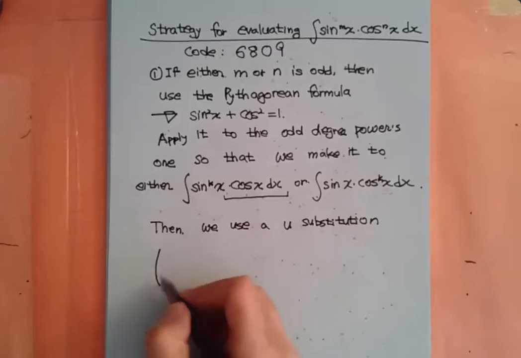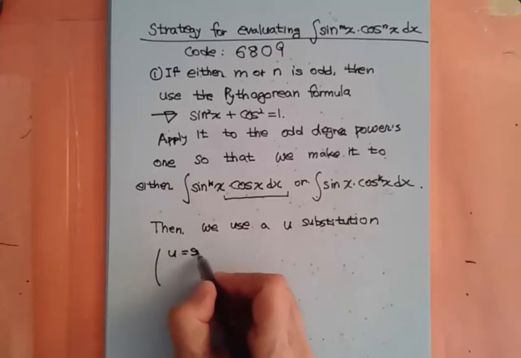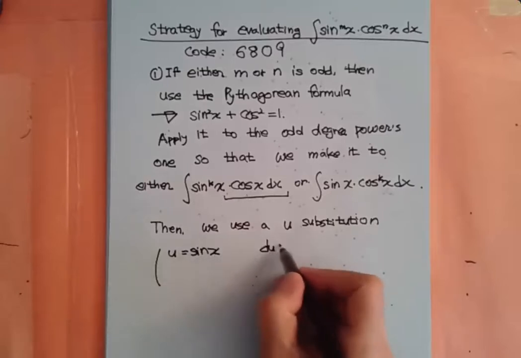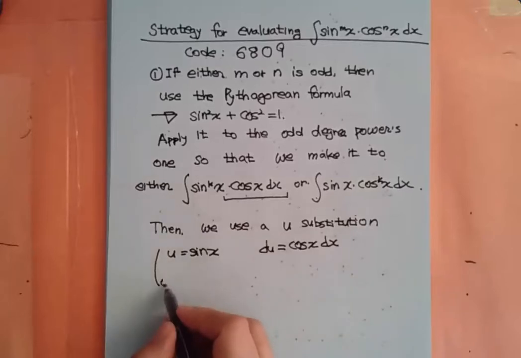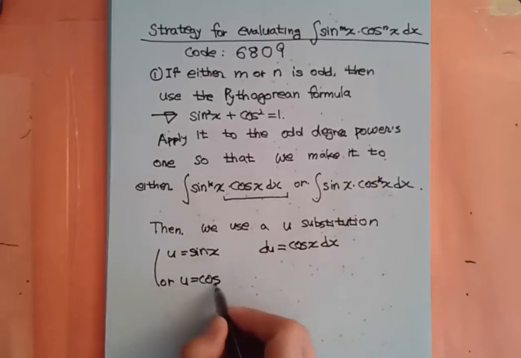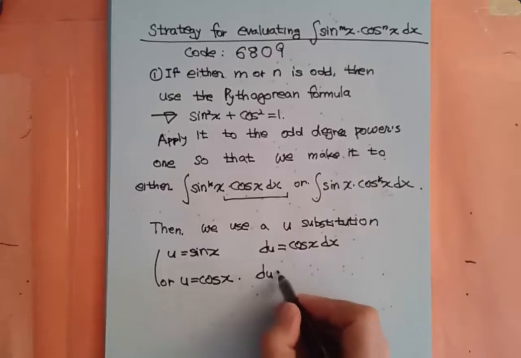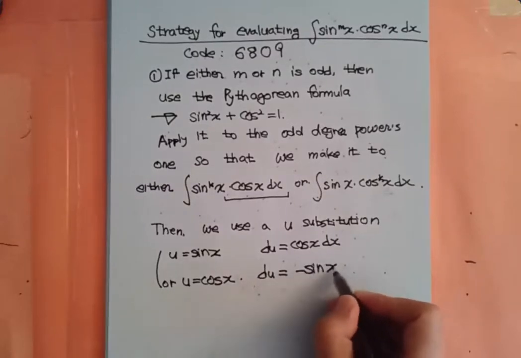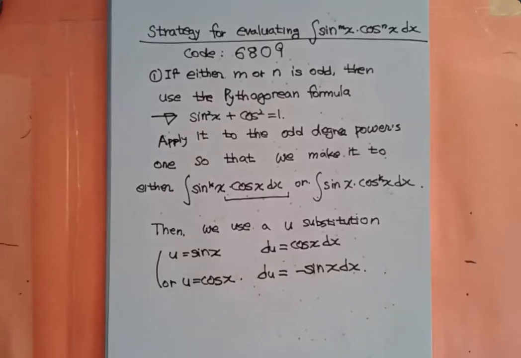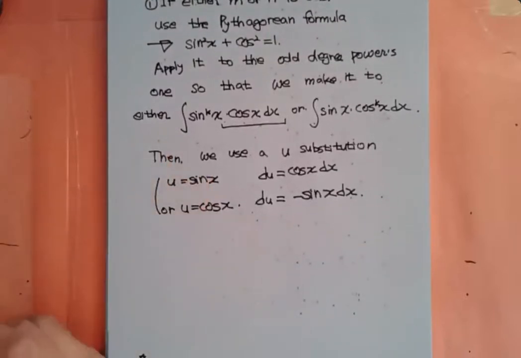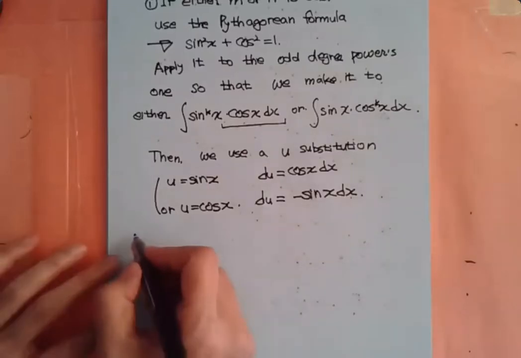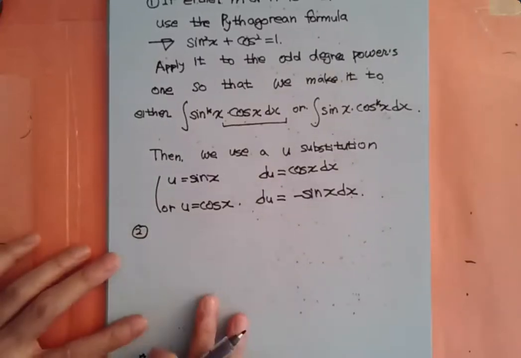The u substitution will go like u equals sine of x, and du equals cosine of x dx, or u equals cosine of x, and then du equals minus sine x dx. So this is one of the strategies.